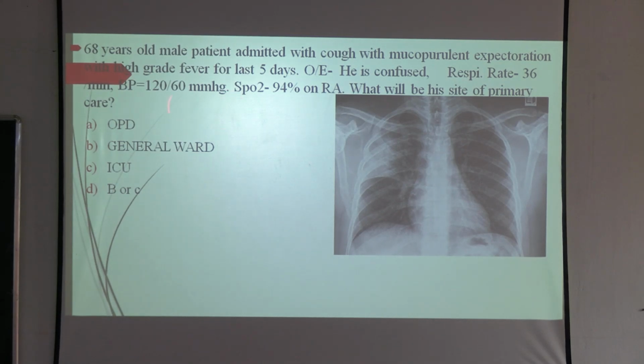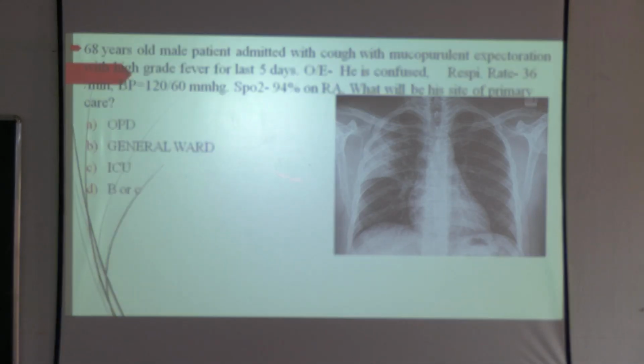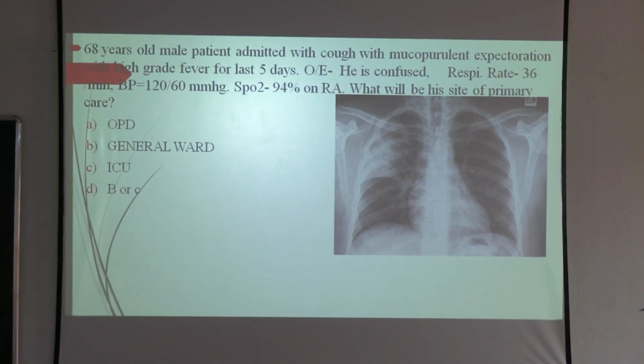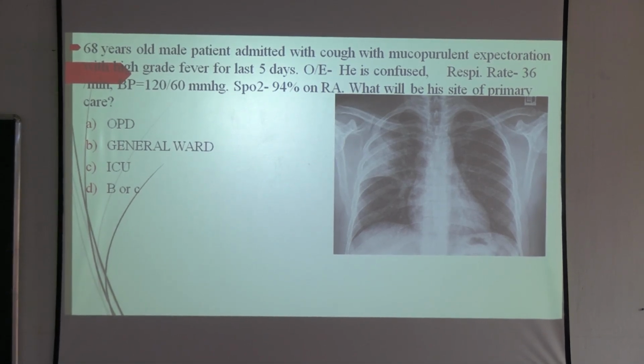So 68 years old male having fever and cough with mucopurulent expectoration. He is confused. He is tachypneic and BP is 120/60. Saturation is 94% in room air. So what will be his site of primary care? ICU. Why? CRB 65 score কত এই পেশেন্টের?